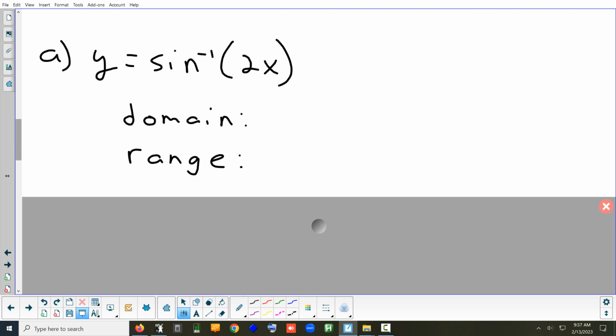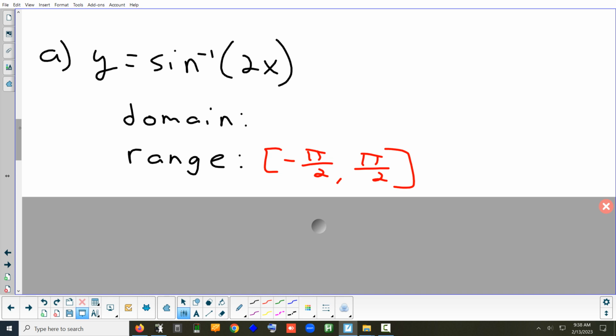What is my range for inverse sine? If you can't remember it, if you're like me and you forget it sometimes, then I'll think of the domain of the original, because they just switch places. Yep, negative pi over 2 to pi over 2. That's great, because that's the one with pi, so we don't have to work with it.